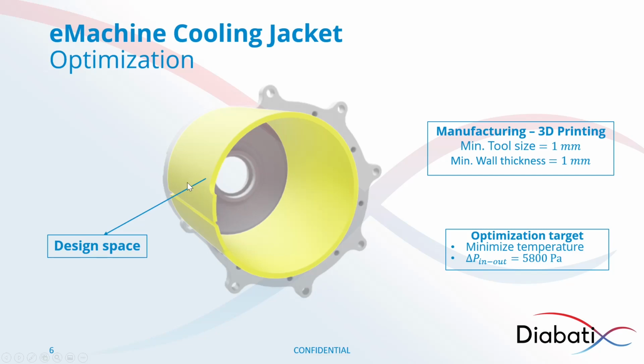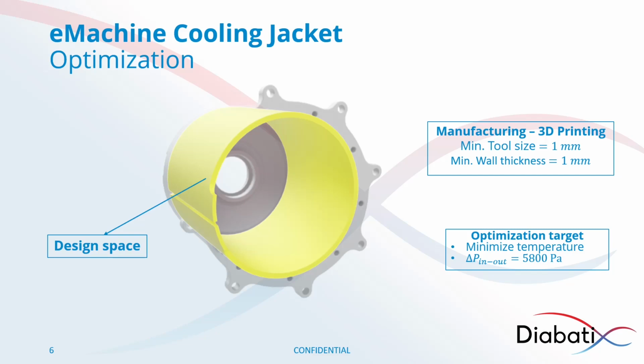Your design space or design region is basically the entire region where the fluid would flow, minus the inlet and the outlet. So you're restricting the optimizer or the software to place your cooling channels in this region and draw these organic cooling channels only in this space and nowhere else.